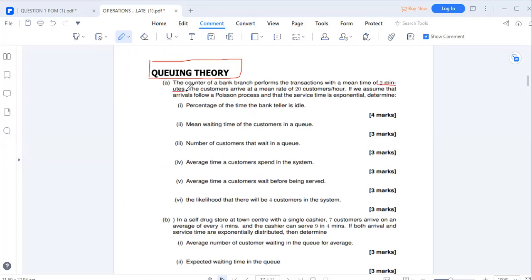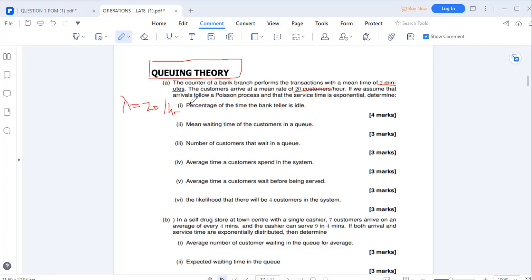The customers arrive at a mean rate of 20 customers per hour. That's the arrival rate, so our lambda is equal to 20 per hour.